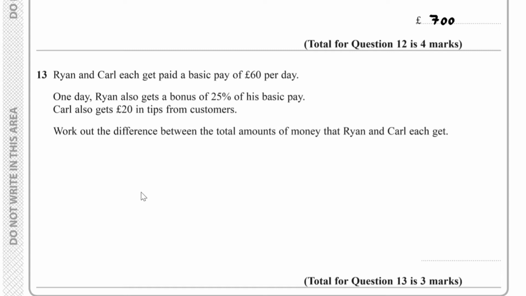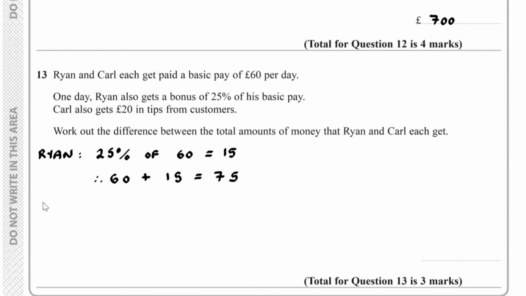on his basic pay. So if we focus on Ryan, well, first of all, 25% of 60, that's a quarter of 60, that's 15. So we've got 60 plus the bonus of 15, which is equal to 75.